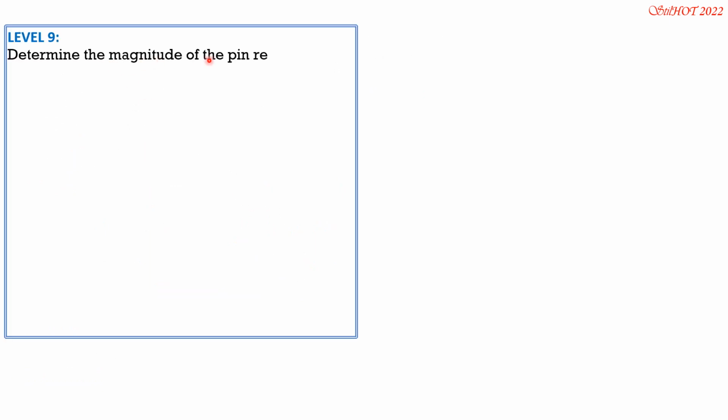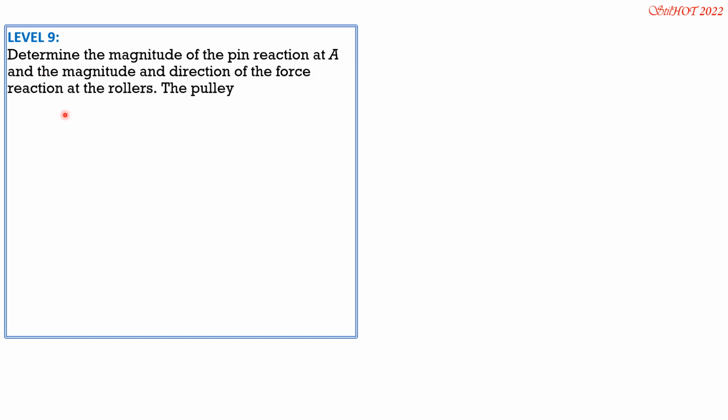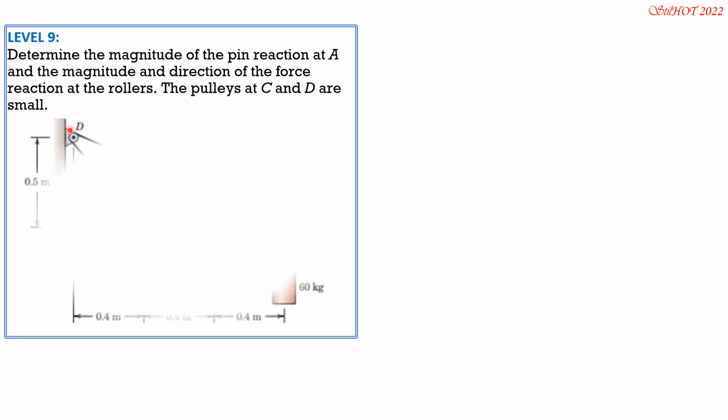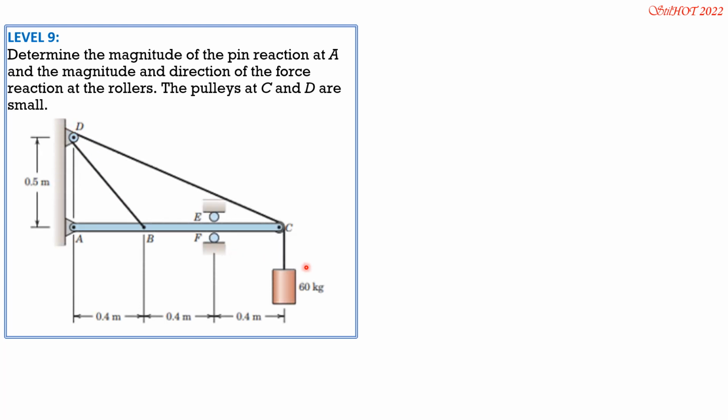Determine the magnitude of the pin reaction at A and the magnitude and direction of the force reaction at the rollers. The pulleys at C and D are small. So here is the given figure. By the principle in the preceding part on how to put the FBD for this cable system, we have to apply that this tension is 60 times 9.81.